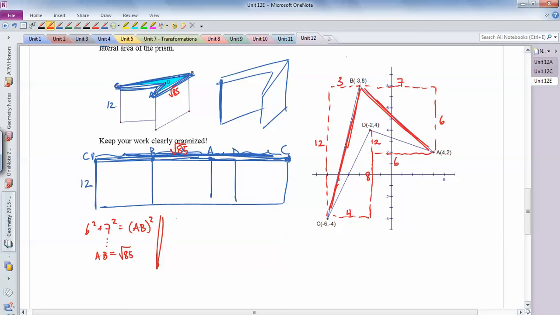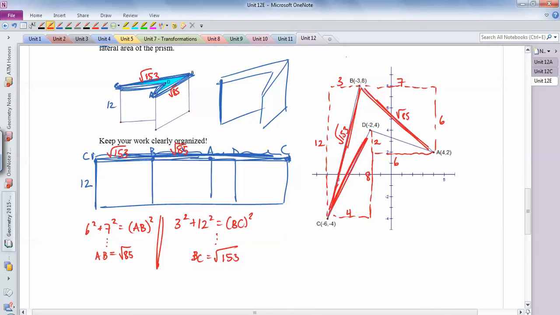So BC is 3 squared plus 12 squared will be BC squared. If you work that out, you get BC is root 153. So that's this part. So root 85, root 153.